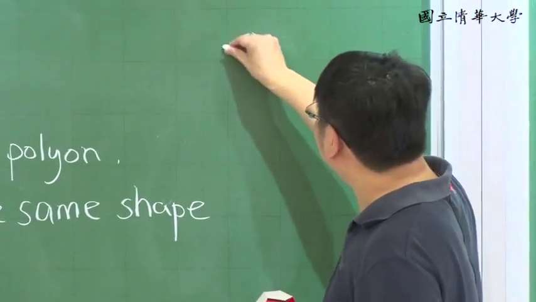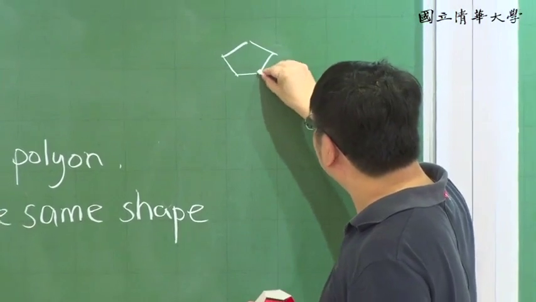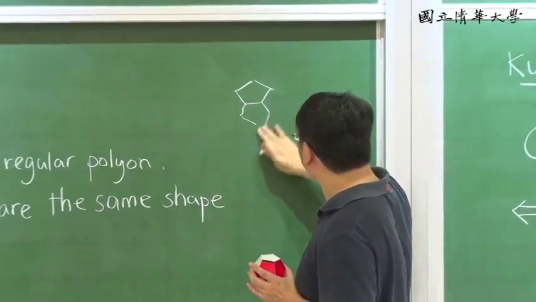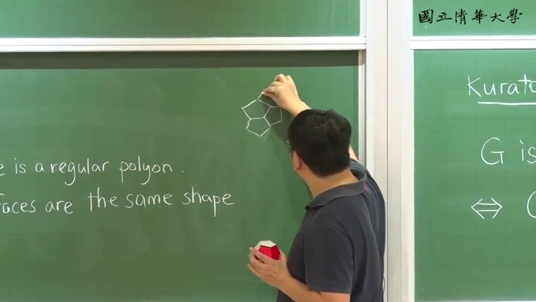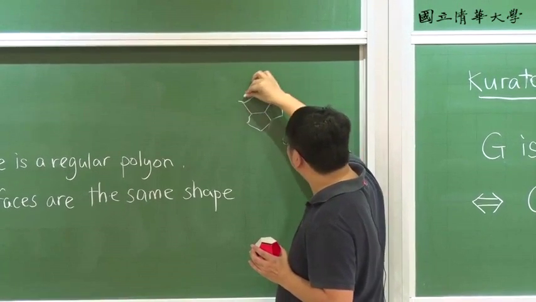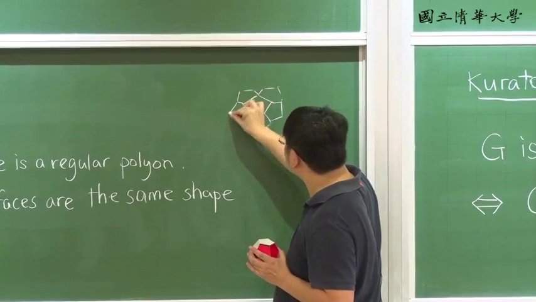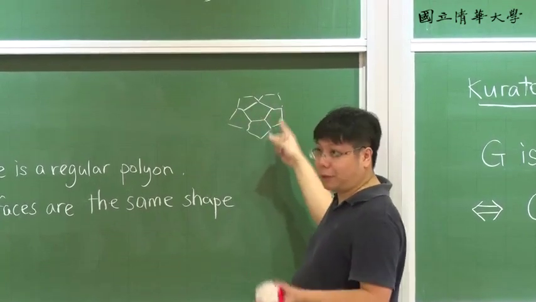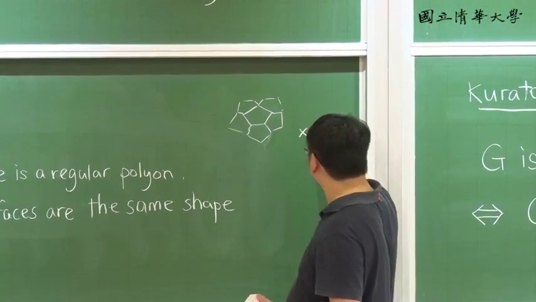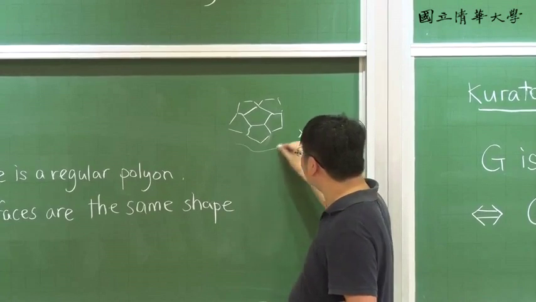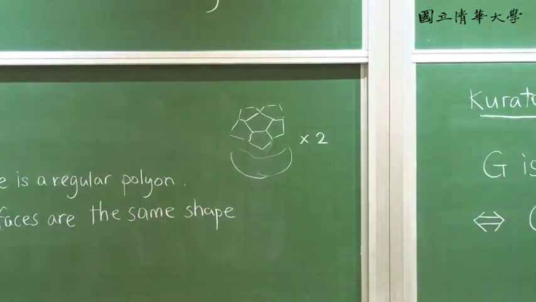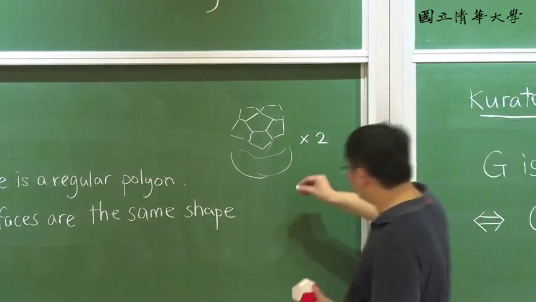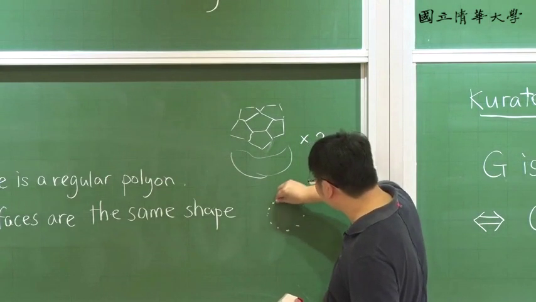So you have a pentagon, another pentagon, another pentagon, and then another pentagon. You have 2 pieces of this. One you put at the bottom, and then you find a rubber band.